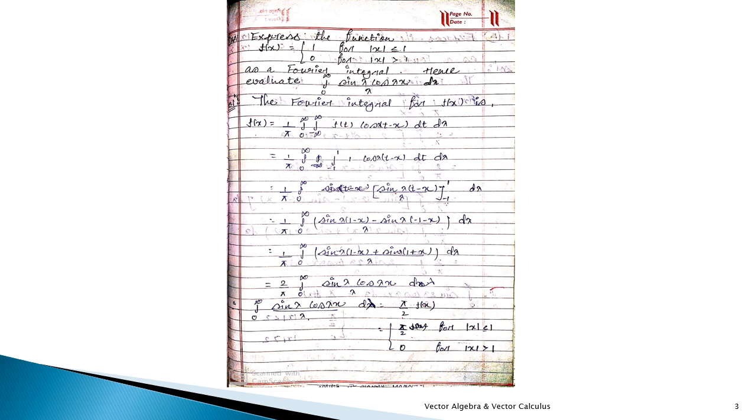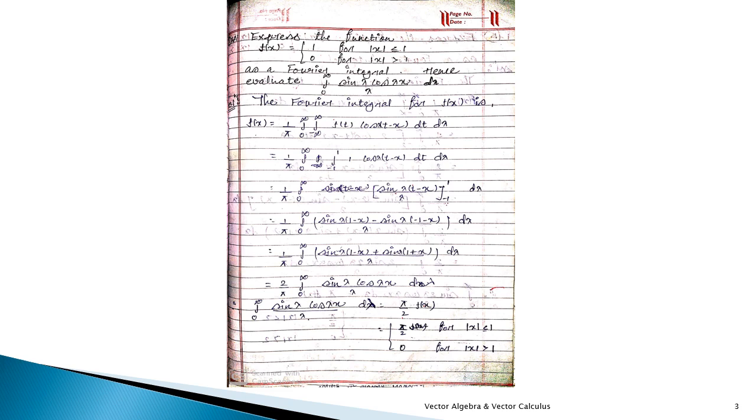And that is for the limits mod x less than or equal to 1, and the other value given is 0, for mod x greater than 1, as a Fourier integral. Hence evaluate the term I have written, 0 to infinite sin lambda cos lambda x upon lambda d lambda. So first you have to observe two things in the question.